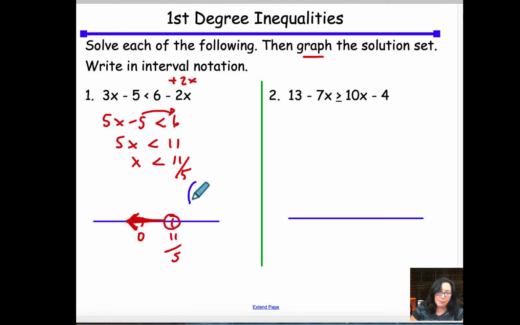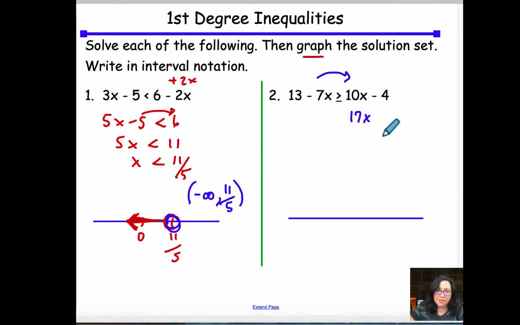So we're going to have a parenthesis with negative infinity, and because this is an open circle and it's not equal to 11/5, that will also be a parenthesis. The reason negative infinity is a parenthesis as well is because you're never going to actually reach negative infinity.